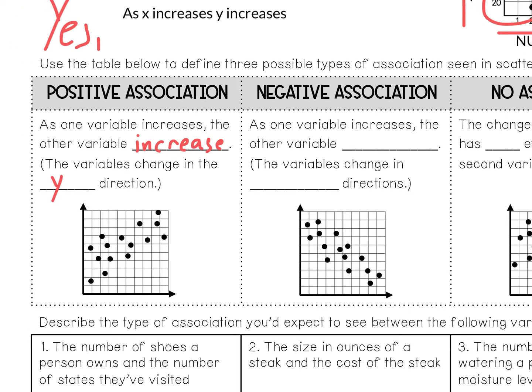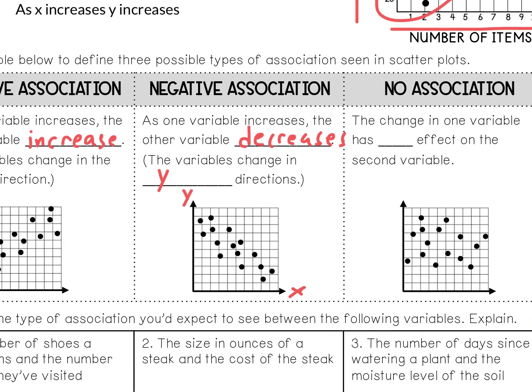Now, negative is the exact opposite. As our X variable increases, our Y variable decreases. And once again, it's important to remember these things happen because we read things from left to right. If we had read this from right to left, it would be the opposite, but we don't. So the variable changes in the Y direction again.